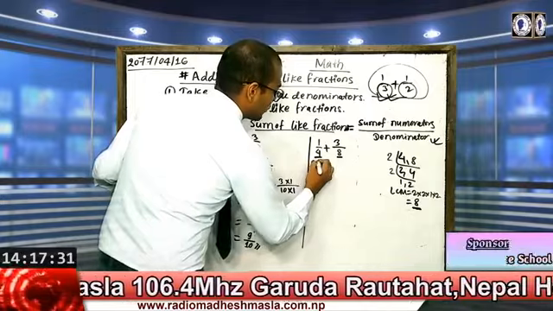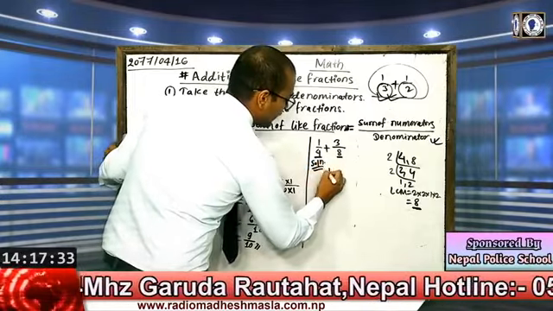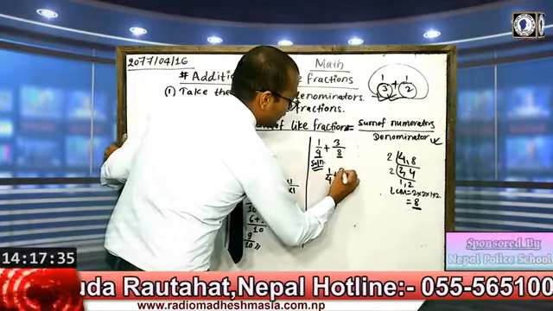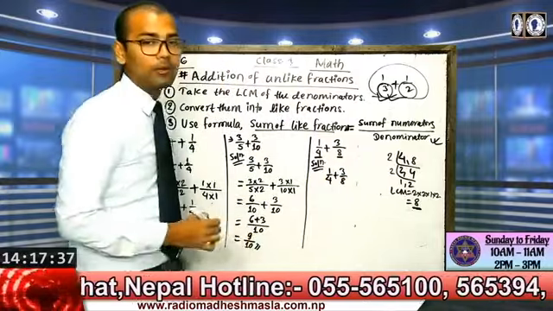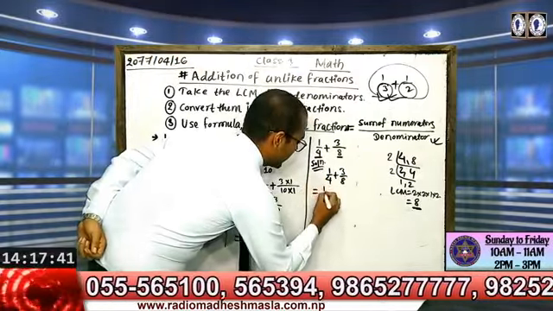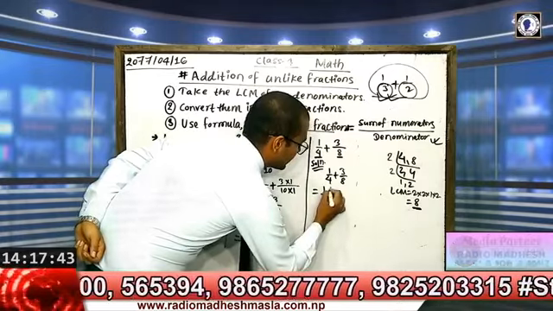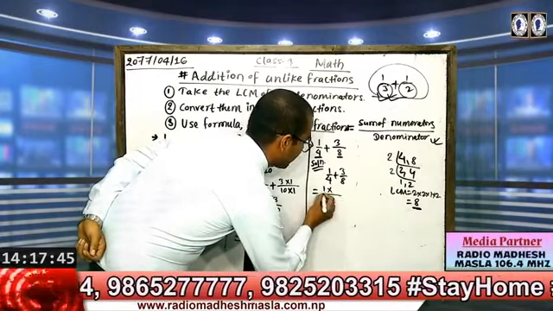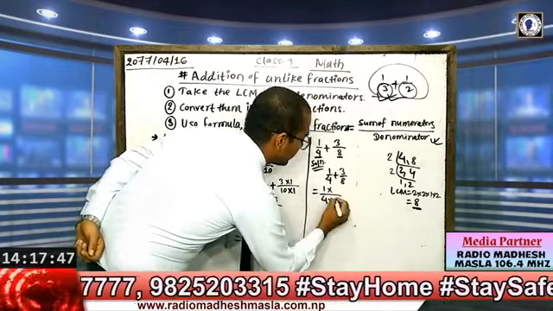So the solution: 1 by 4 plus 3 by 8. Then 1 by 4, that means when we multiply 4 with 2, it becomes 8.